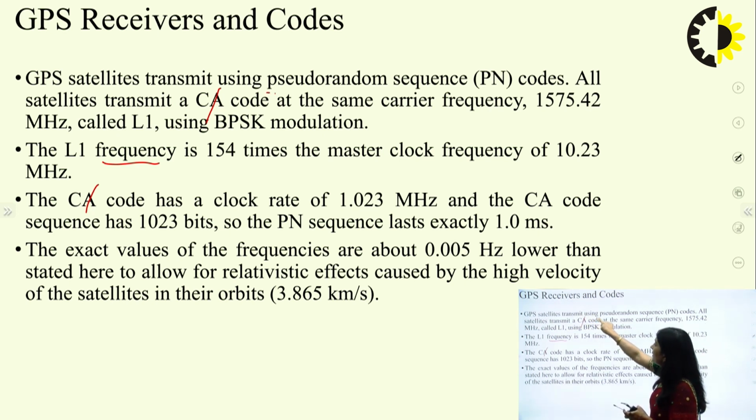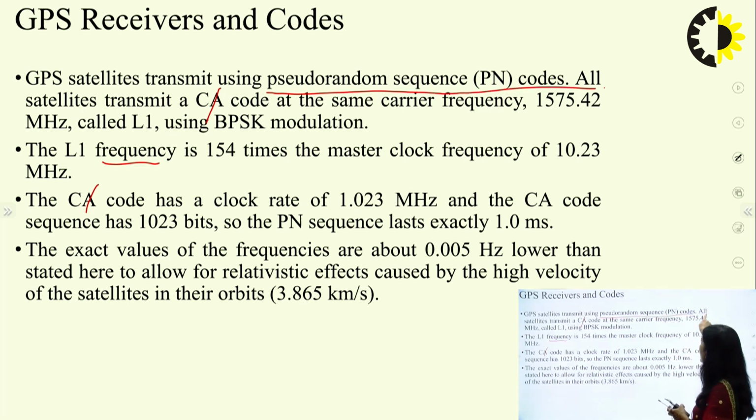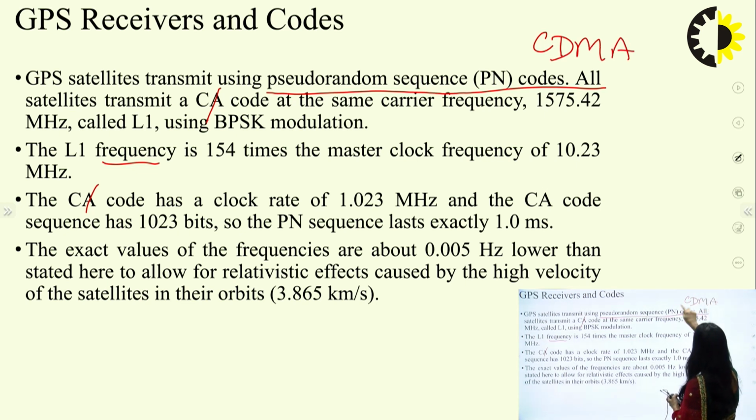GPS satellites transmit using pseudo random codes. So what are pseudo random codes? PN codes. As we all know, in GPS the coding scheme that we are using is CDMA. And what is CDMA? In CDMA, we have two types of strategies, direct sequence spread spectrum and frequency hop. Here we are using direct sequence spread spectrum.